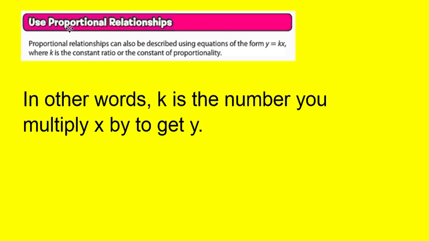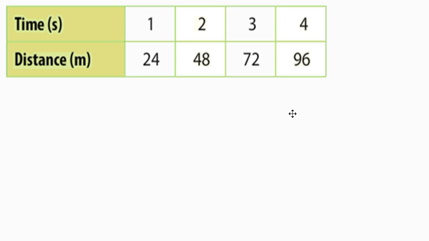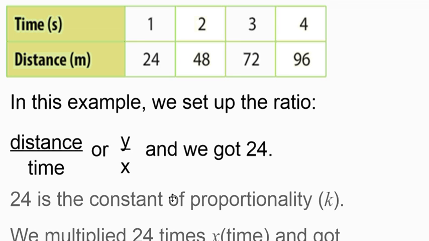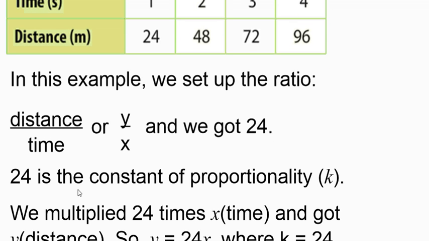All right, I'm going to just refer back to the last example here. This was our last table. So here we set up the ratio y over x, and we got 24 for each of them. So 24 over 1 equals 24, 48 over 2 equals 24, and so forth. And in the same token, we can say 24 is the constant of proportionality.